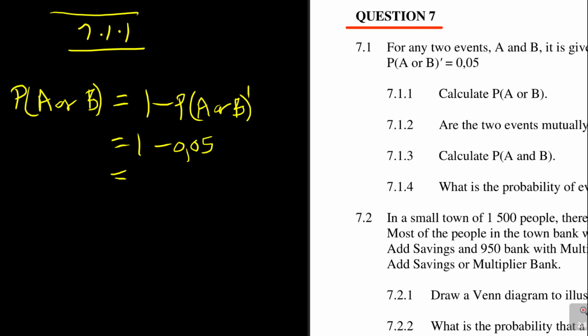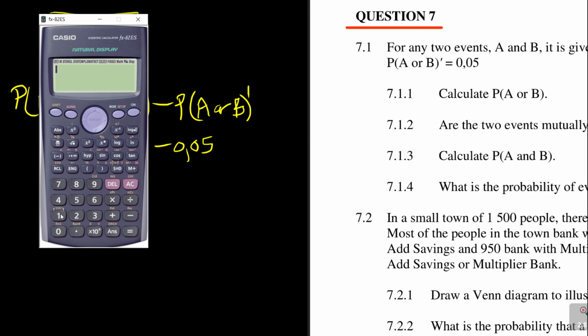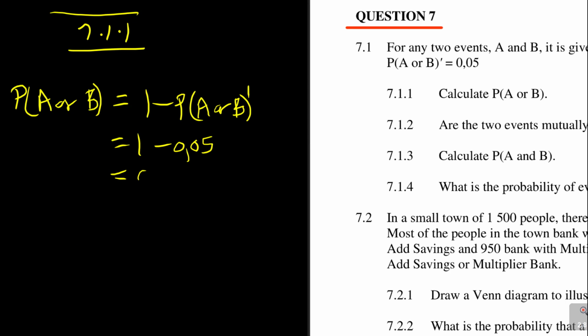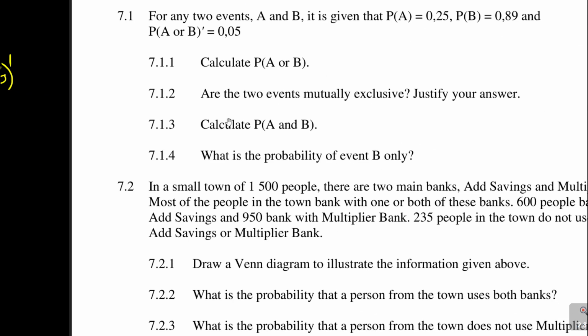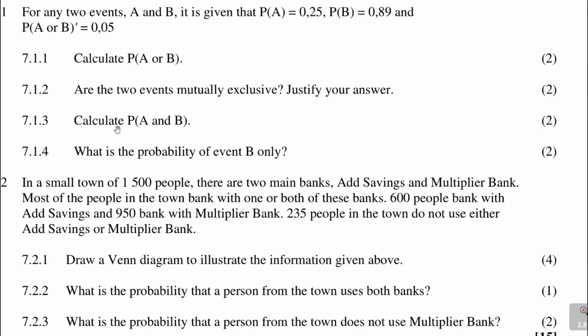If you use a calculator, 1 minus 0.05 is 0.95. This is the probability of A or B happening. And then they are saying, are the two events mutually exclusive? Justify your answer. 2 marks.